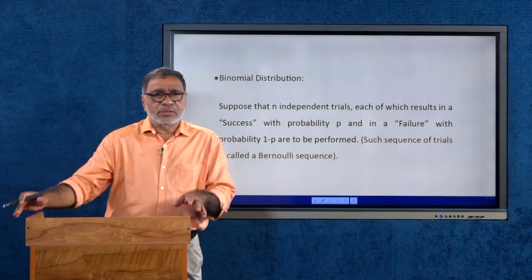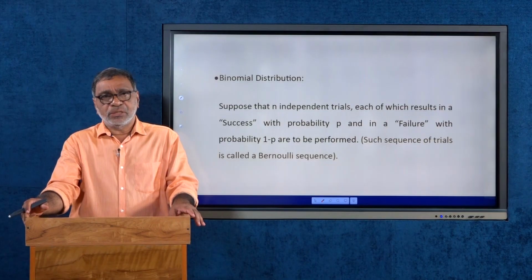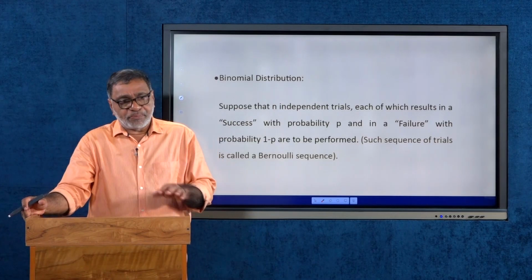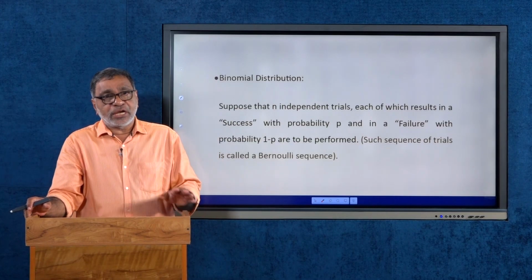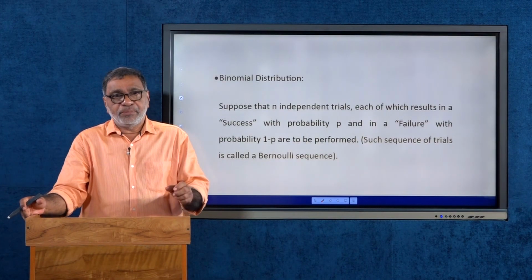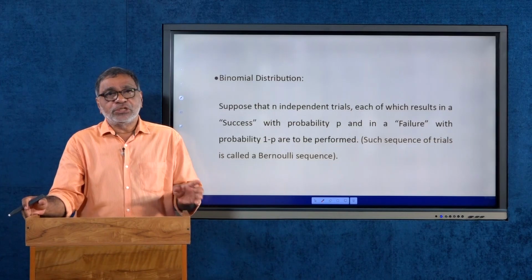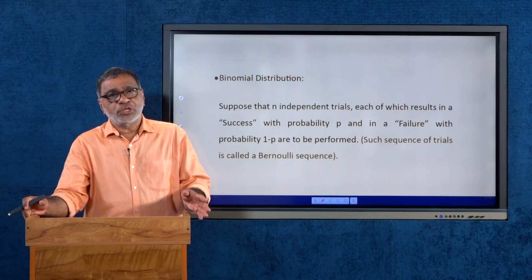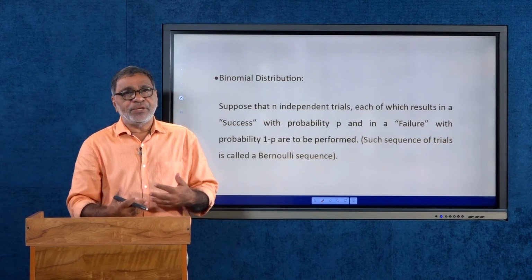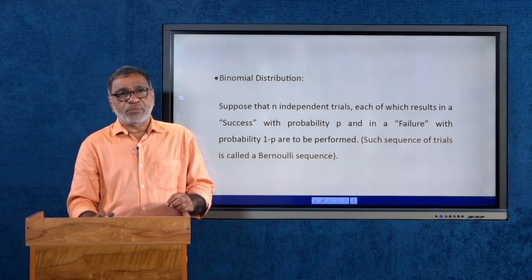So this is the simple case. Before discussing the binomial distribution, we have the Bernoulli distribution, and we are generalizing this case. Suppose we are performing n independent Bernoulli trials, each of which results in success with probability p and failure with probability 1 minus p, or q. So consider a sequence of n independent Bernoulli trials with probability of success p and probability of failure 1 minus p.